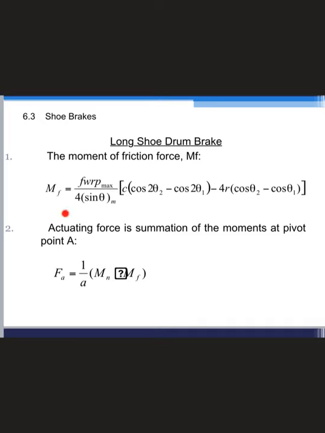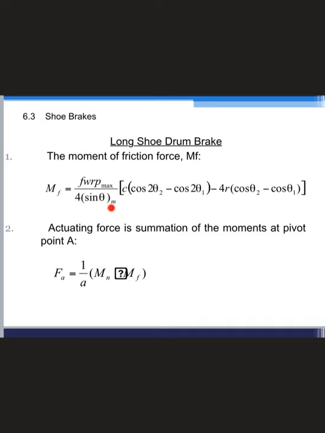MF is equal to f W R P max, where f is the coefficient of friction between the long shoe and the drum, W is the width of the long shoe, R is the radius of the drum, P max is the maximum pressure which occurs between the long shoe and the drum, and then we have sine theta m.